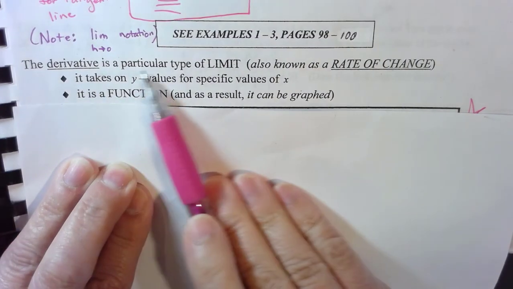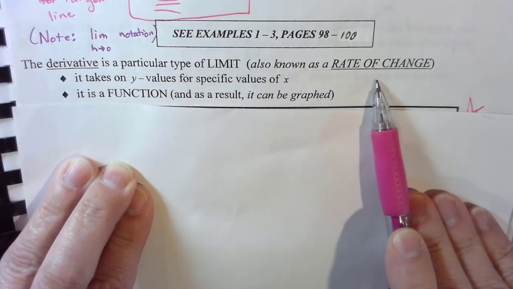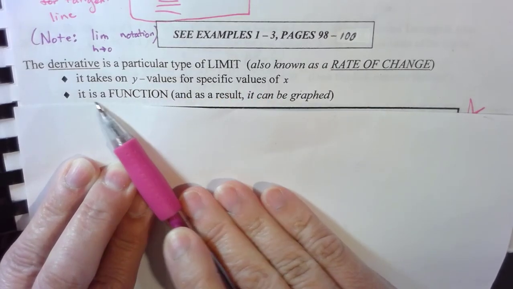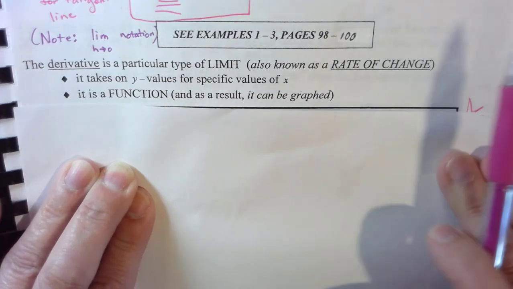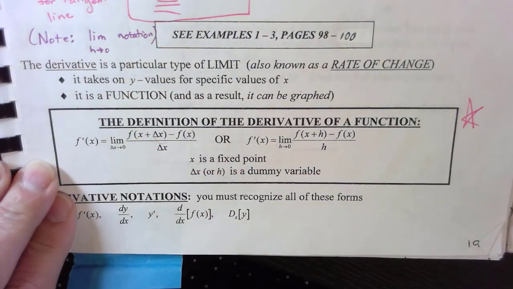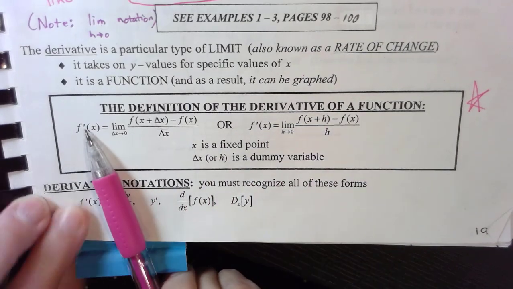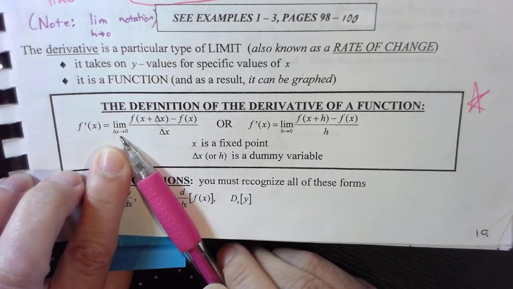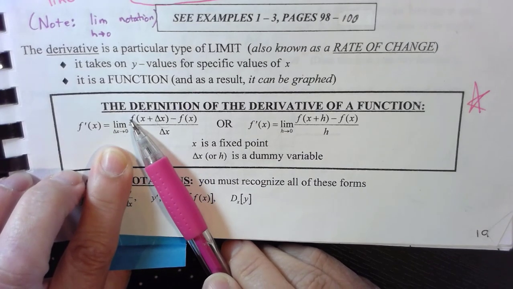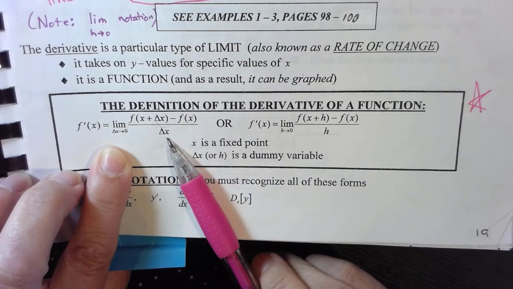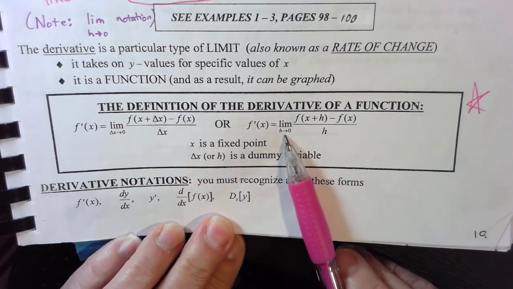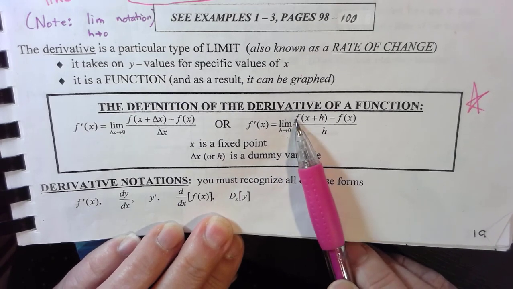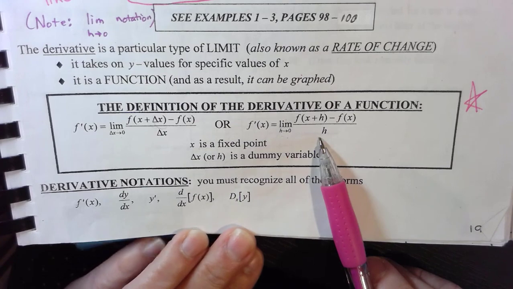The derivative is a particular type of limit, also known as a rate of change. It takes on y values for specific values of x. It is a function, and as a result, it can be graphed. So the definition of the derivative of a function is, look at that notation, f prime of x equals the limit as delta x goes to 0 of f of x plus delta x minus f of x over delta x, or I could use f prime of x equals the limit as h goes to 0 of f of x plus h minus f of x over h.